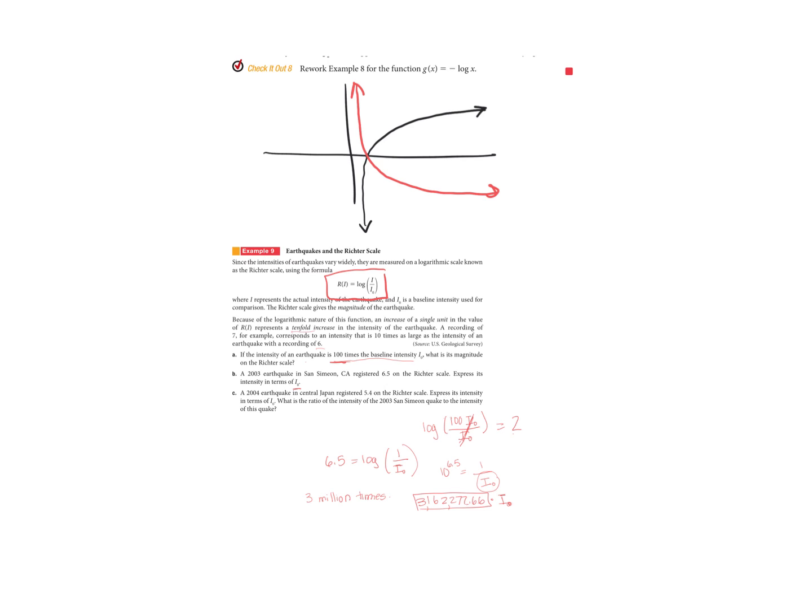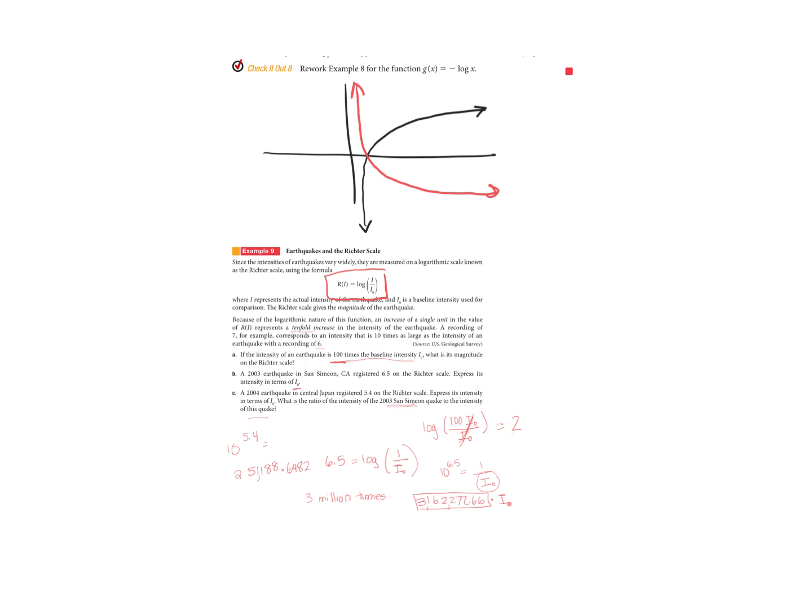So if that's 3 million times, roughly, for 6.5, then 10 raised to the 5.4 would be this. And so this is roughly 250,000, right?